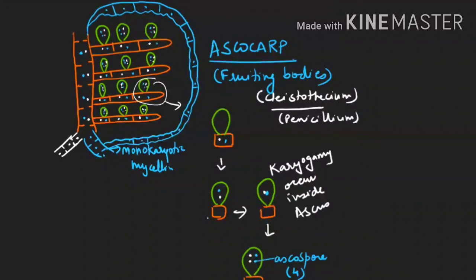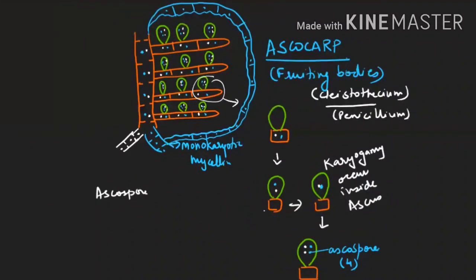Is it clear? So I think we can revise this way. The ascospores are born inside ascus, and ascus is born on ascogenous hypha.